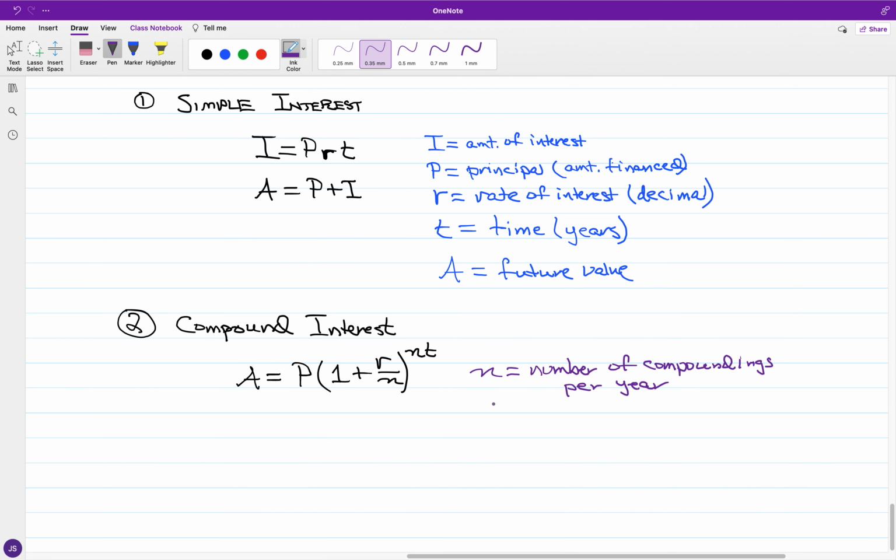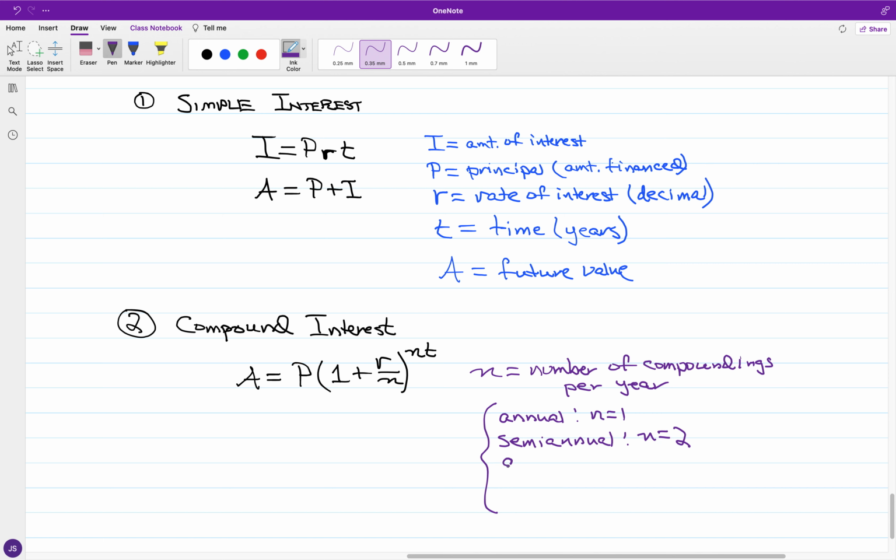And for the descriptive terminology, annual compounding is once a year. Semi-annual compounding is once every 6 months, so twice a year.